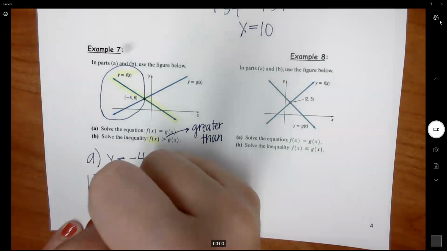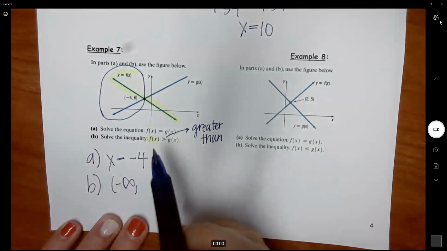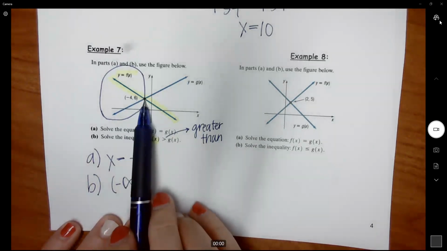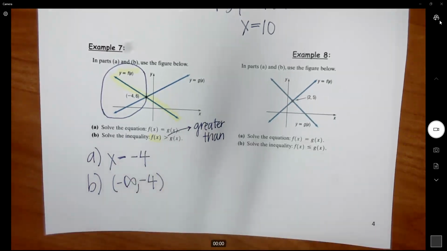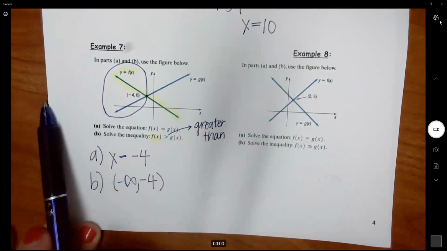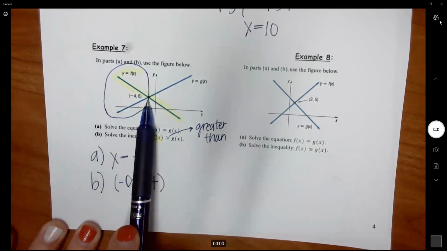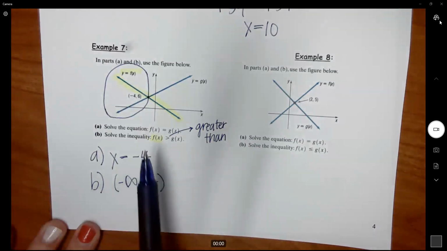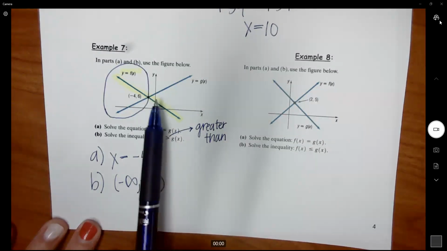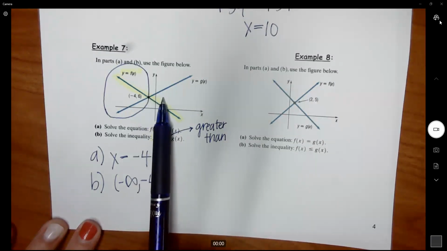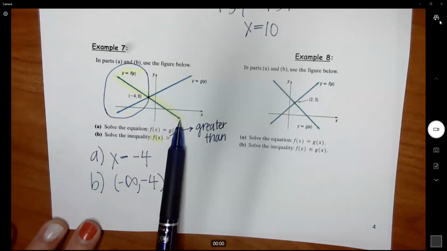So this is -infinity to this point here where they're equal, -4. -infinity to -4, f of x is greater than. Then at -4, they're equal, so that's not included. That's why it's got parentheses, not a bracket. And then as you go greater than that, now f of x is less than.